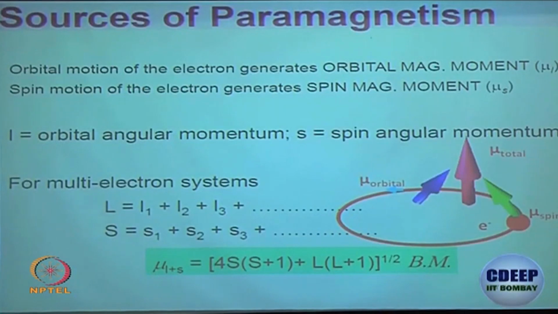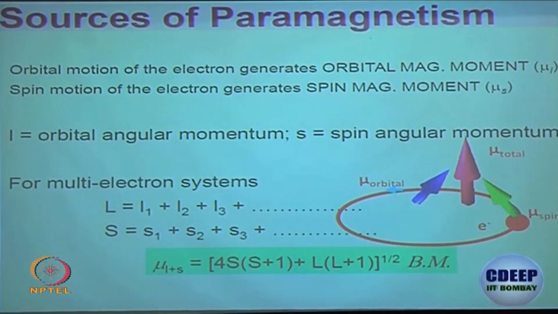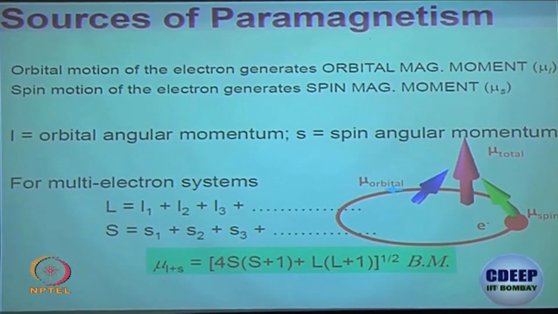So, as I was saying, the source of magnetism in the molecule is going to be your unpaired electron. That's all. Now, the unpaired electron can have two sources of creating magnetism.